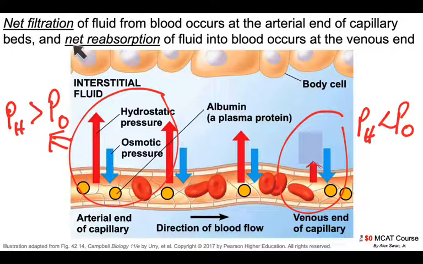And therefore we say we have a net reabsorption, which occurs at the venous end. So at the arterial end, we have the movement of fluid out of the blood, and at the venous end, we have the movement of fluid back into the blood.